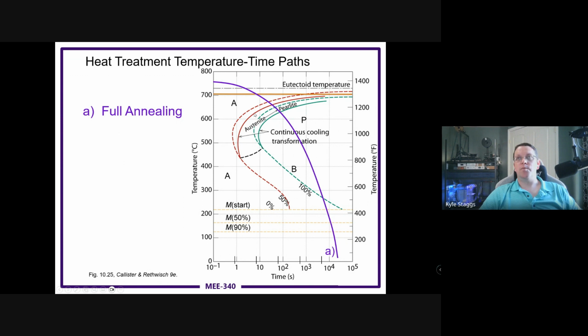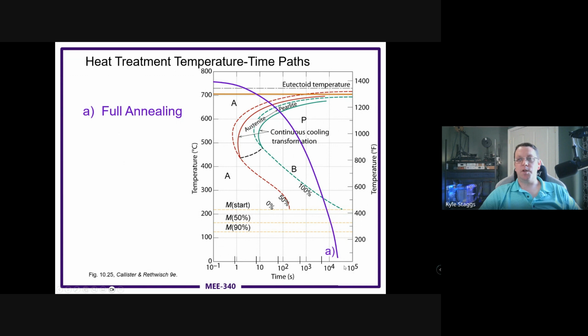So the more slowly you cool, and depending on how rapidly you drop from that, you can get farther and farther into this pearlite region. But the idea is these are orders of magnitude here. So 10 seconds, 10 squared, 10 to the third, 10 to the fourth.